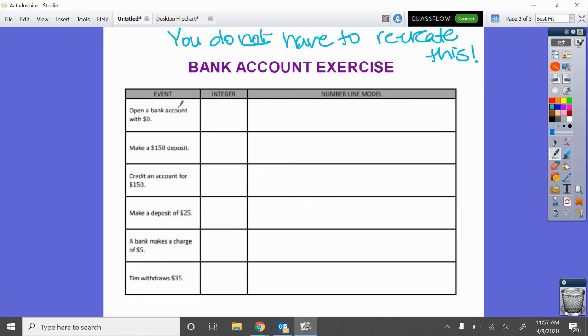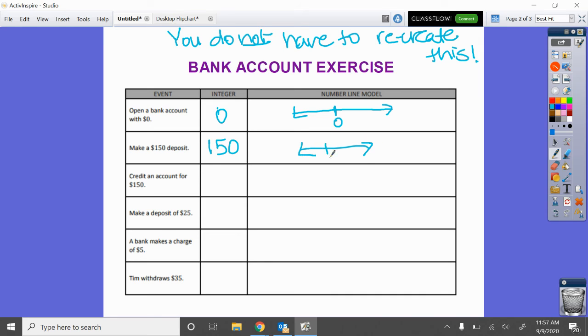So we're opening a bank account with no money. So what integer or number represents that? Well, it's just 0. And where is that on a number line? Well, it's the origin, or the center of the number line. Okay, we're going to make a $150 deposit. That's just going to be a positive 150.